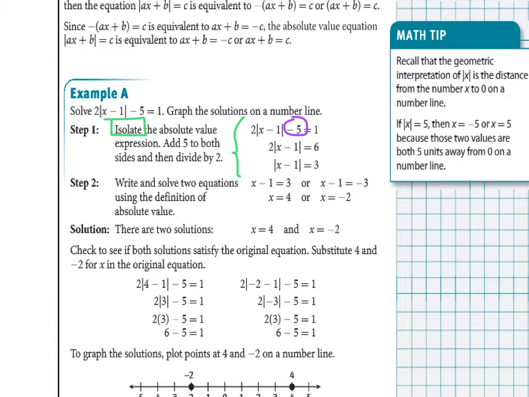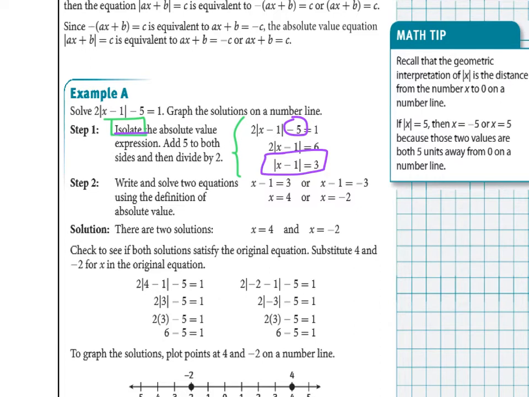And then the next step, that 2 out front is actually saying 2 times the absolute value of x minus 1. So when you divide both sides by 2, you get just the absolute value of x minus 1 equals 3. So now you have the absolute value isolated, right? There's nothing else on the same side of the equation.